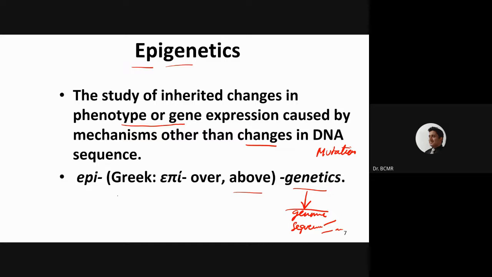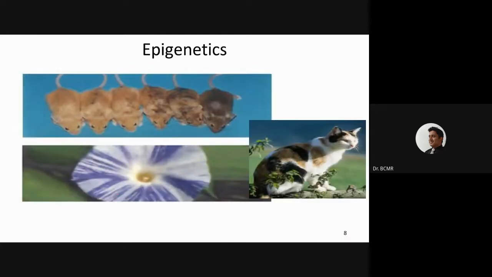So there are several mechanisms that we will see. There are many examples as well. You will find so many examples where there are alterations in the color, in some of the cat varieties also. And that is what we will discuss, one of the examples at least.